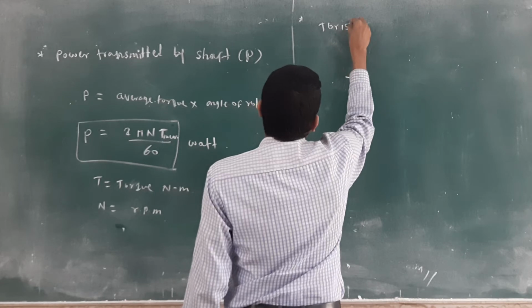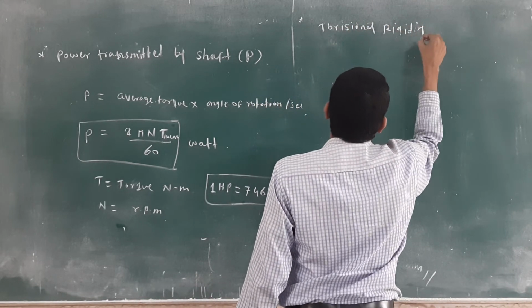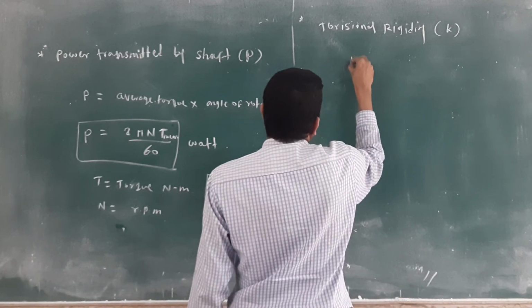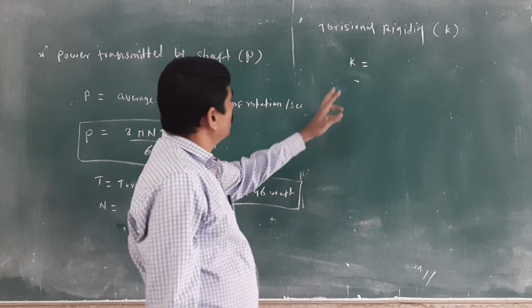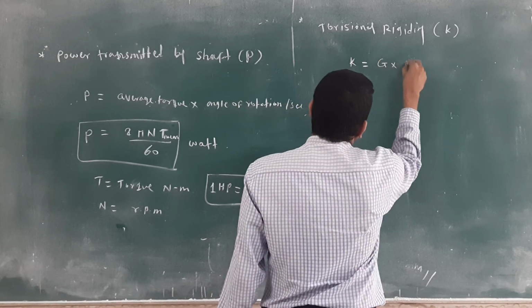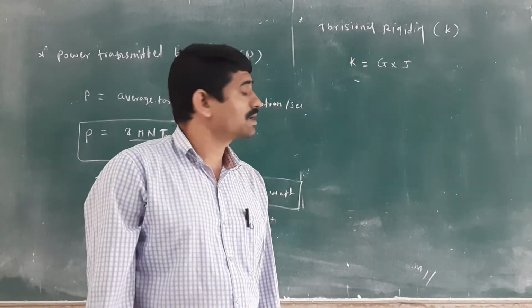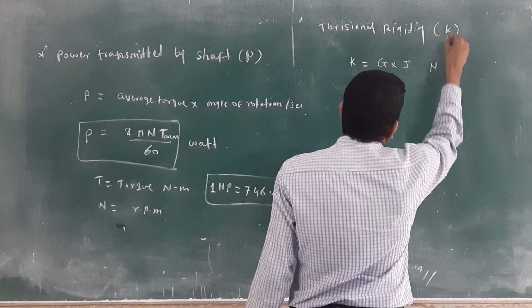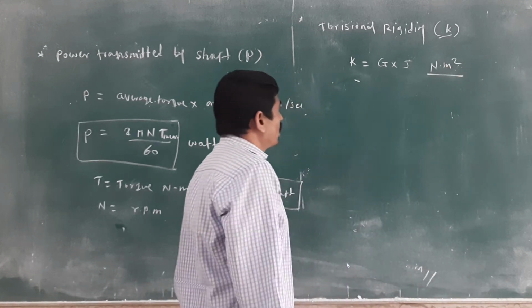Torsional rigidity, denoted by K, is nothing but the product of modulus of rigidity into polar moment of inertia, and the unit is Newton meter square.